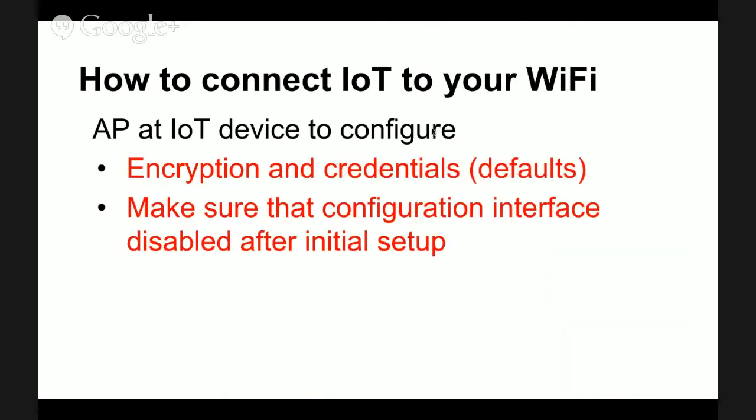So the first stage of device connection is the connect stage, when the device comes up as an access point and the end user wants to connect a new IoT device to an existing wireless network.